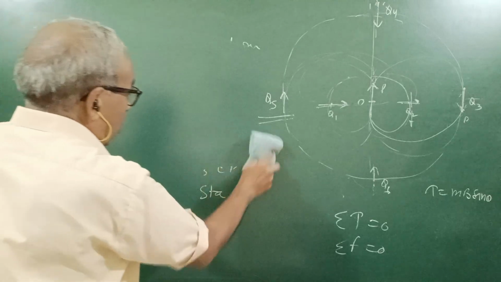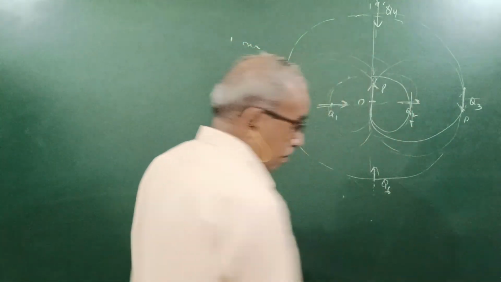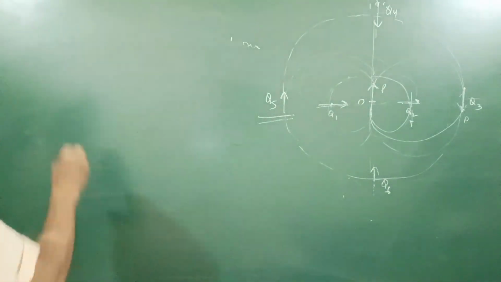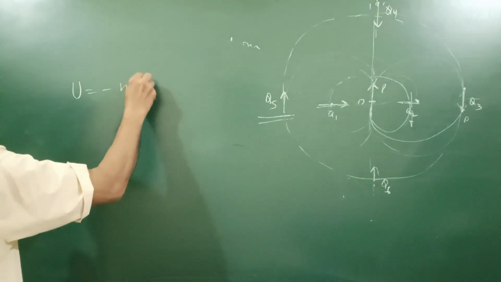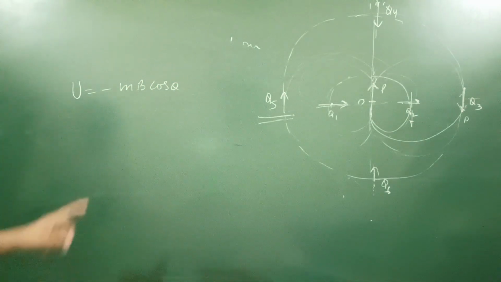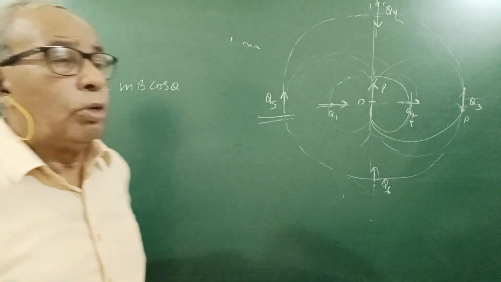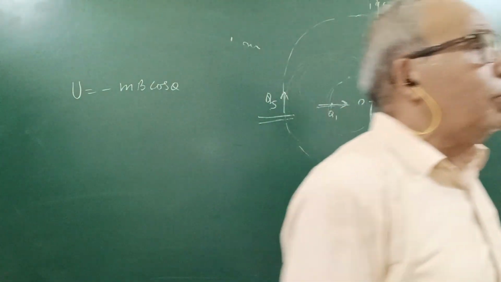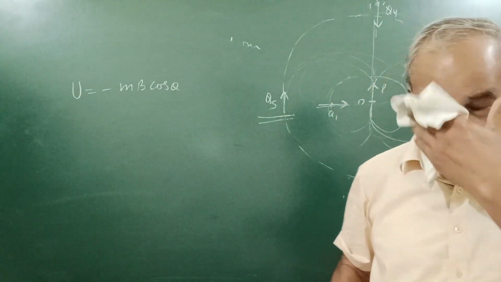Now, in which configuration does the system have least potential energy? You know potential energy U equals minus MB cos theta. If theta is 0 degrees, as I told you, in stable equilibrium the system is in the lowest potential energy state.